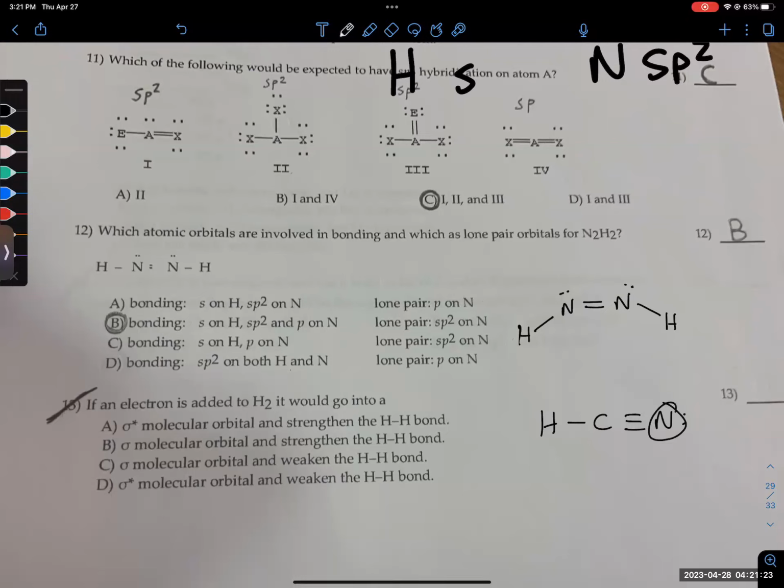Why is the lone pair sp2? Because is it occupying the p orbital on N?